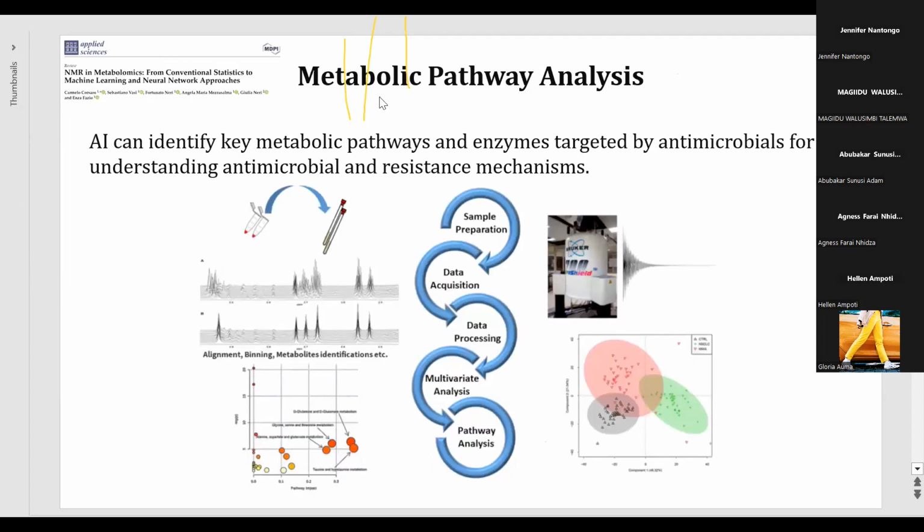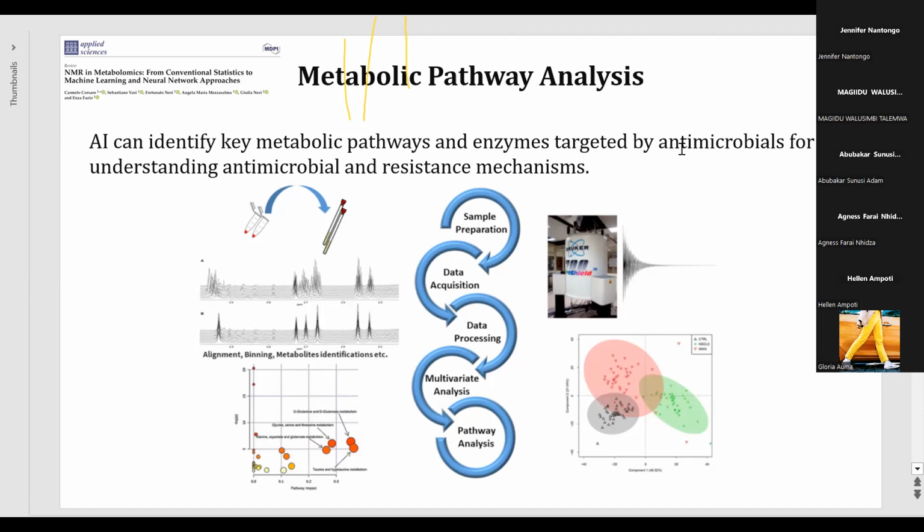Also, it is useful for metabolic pathway analysis. That is, AI can identify the metabolic pathways and the enzymes targeted by the antimicrobials. So the antimicrobials will act on certain enzymes in the test organism or the pathogen.